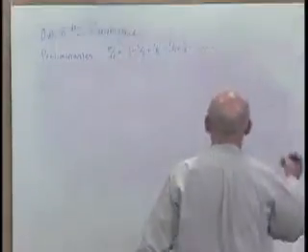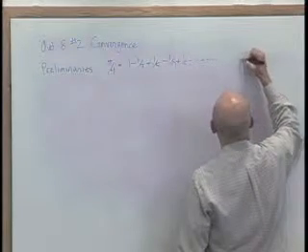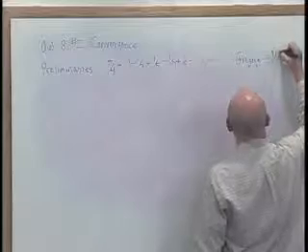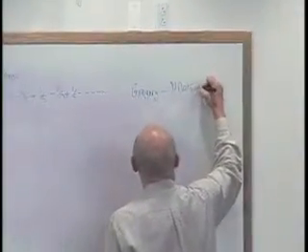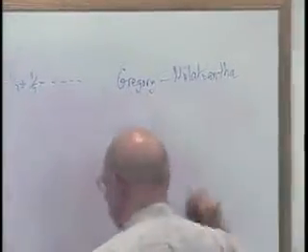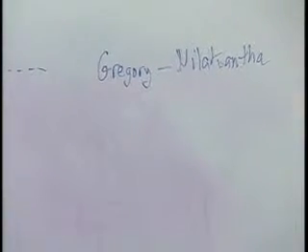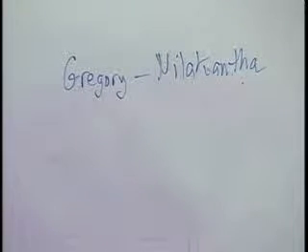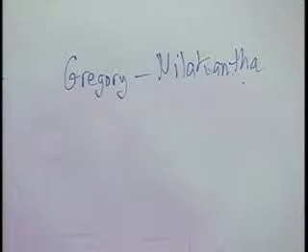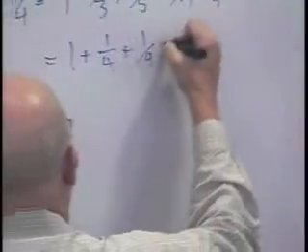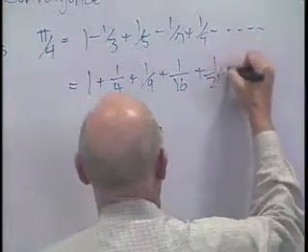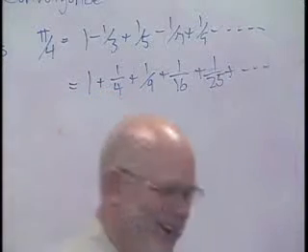So this is Gregory's series. Probably discovered by Nilakantha. The next one is more curious. 1 plus 1 over 4 plus 1 over 9 plus 1 over 16 plus 1 over 25 plus dot, dot, dot.